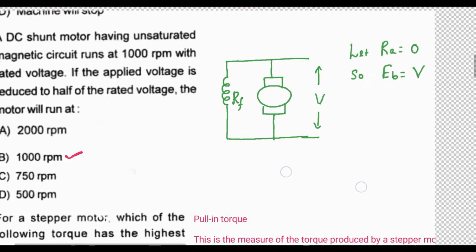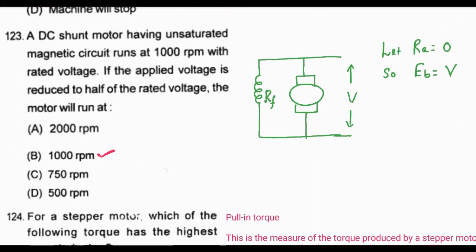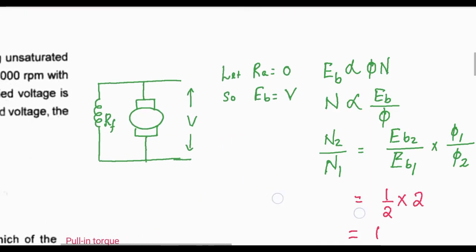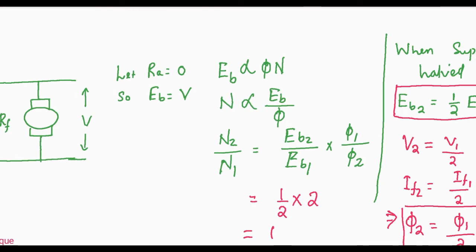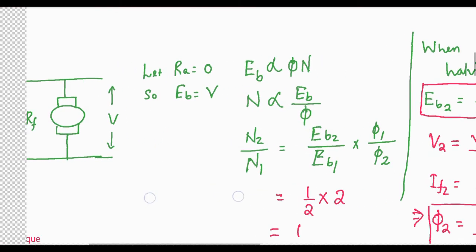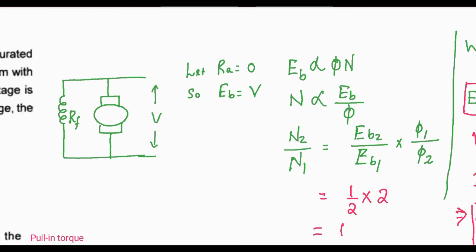So here a DC shunt motor with an unsaturated magnetic circuit runs at 1000 rpm, and we know that EB, the back EMF, is directly proportional to phi into N, that is the field flux into N, the rotating speed. So N will be proportional to EB by phi.